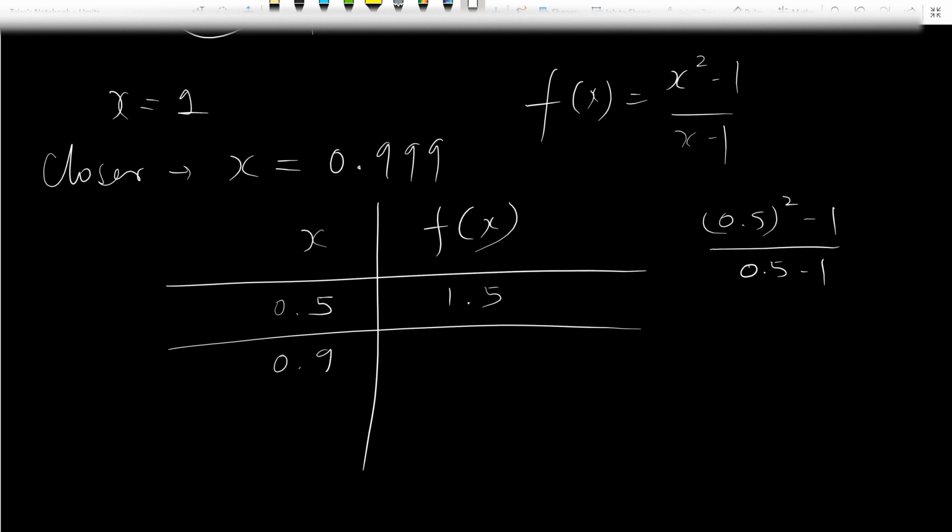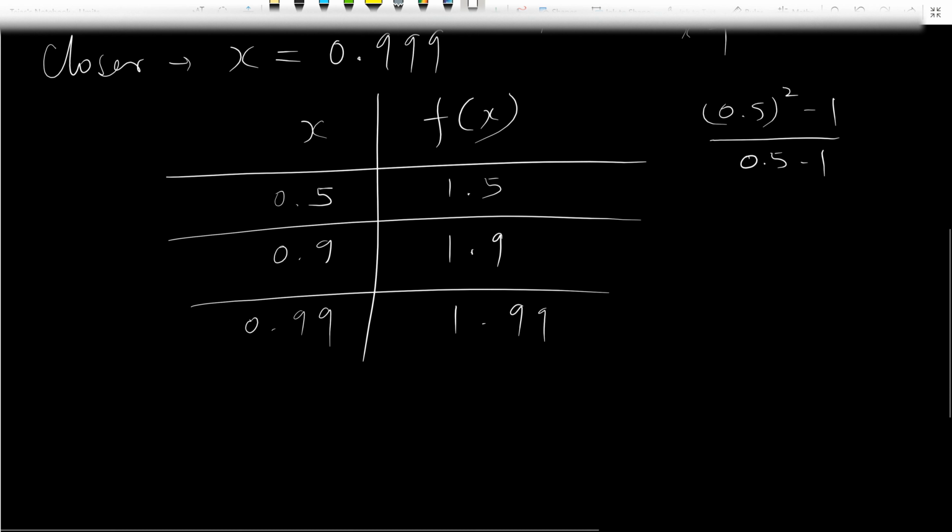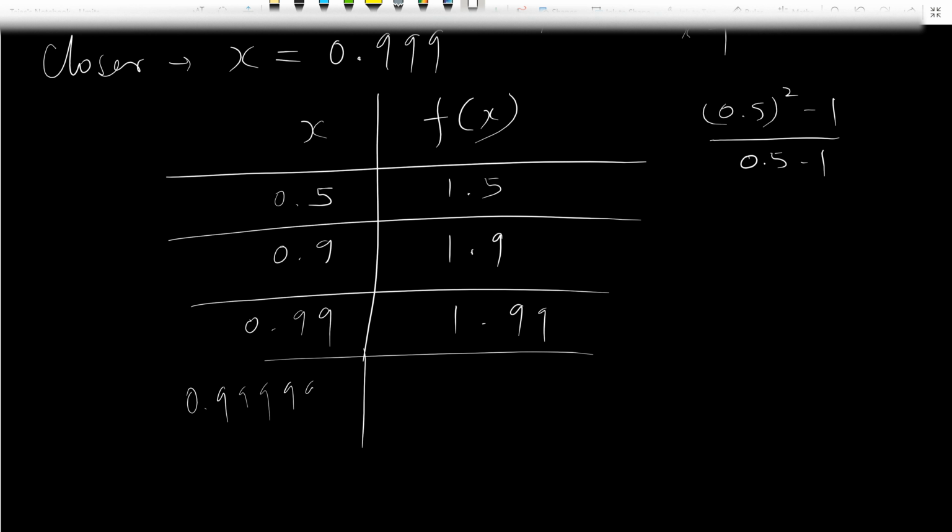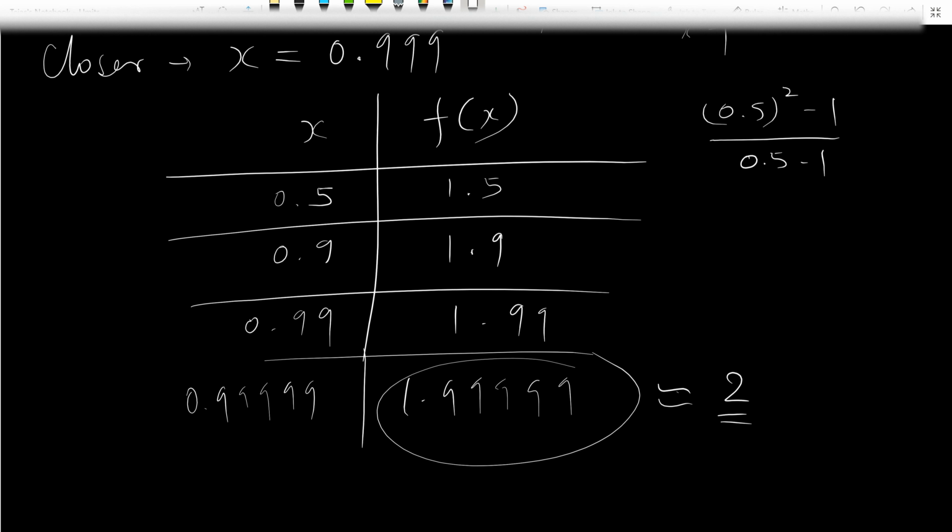So when x is 0.9, it would be 1.9. Then 0.99, it would be 1.99, right? And when you put the values like this, it would be 1.99999. So as you can see, this is basically saying that it is equal to 2.